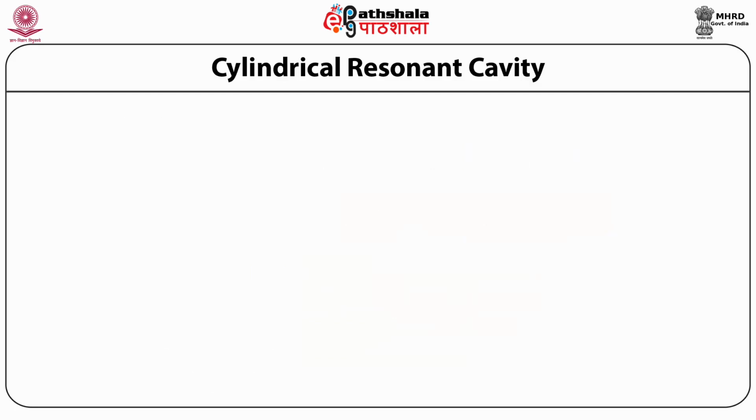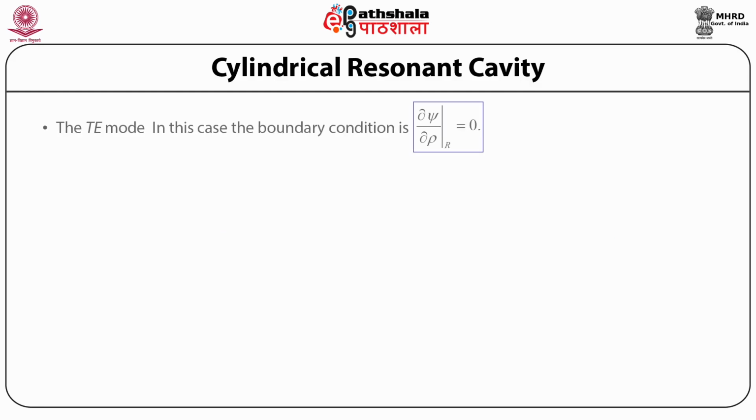Cylindrical resonant cavities. Let us look at the case of the transverse electric mode. So again, considering the boundary condition, which is given by the partial derivative of the wave function with respect to rho at the boundary of the cylindrical resonant cavity, that is at rho equal to R, is equal to 0.